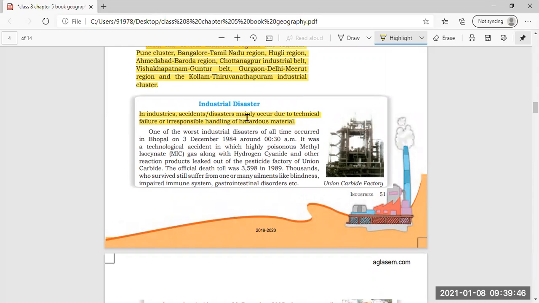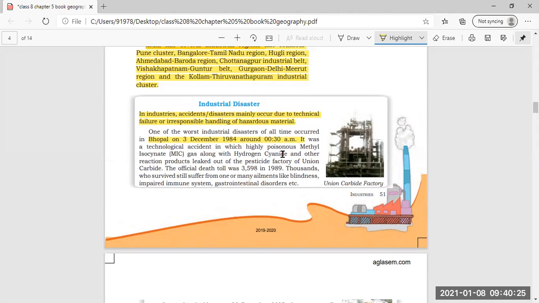If an industry has an industrial disaster, it is because of technical failure or irresponsible handling of the material, carelessness of the people. One of the worst industrial disasters of all time occurred in Bhopal on 3rd December 1984 around midnight.